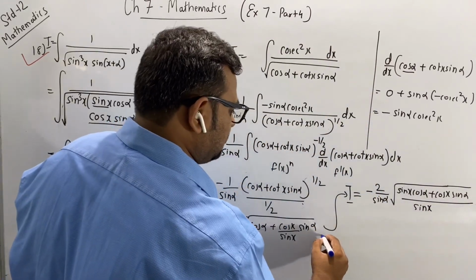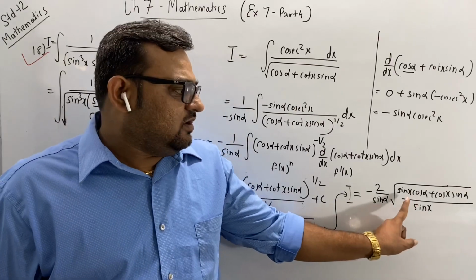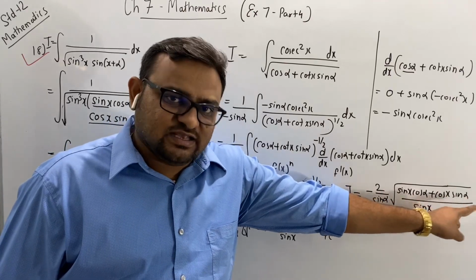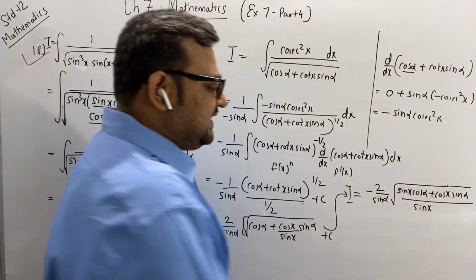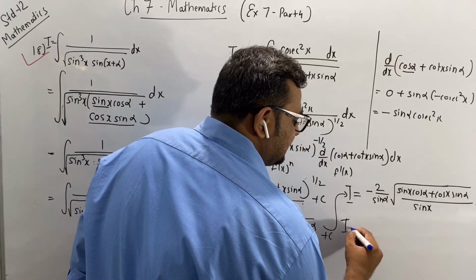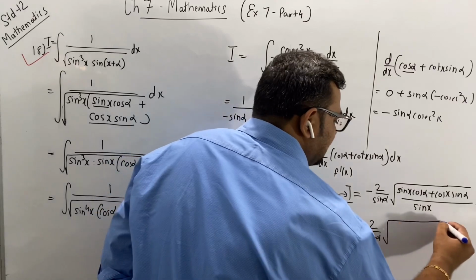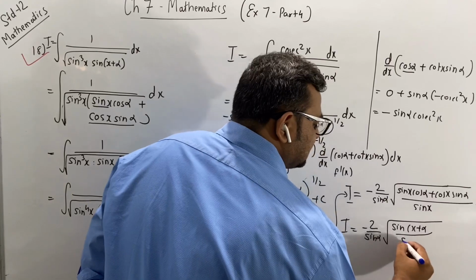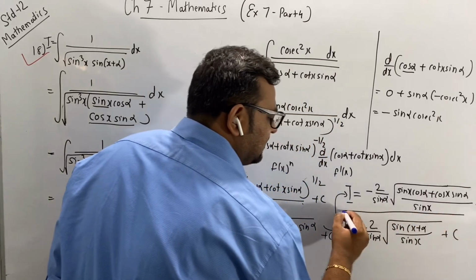I just forgot to put plus c. So now see here, s c c s. This is the formula for sine alpha plus beta. So I is equal to minus 2 by sine alpha, square root of sine x plus alpha upon sine x, plus c.